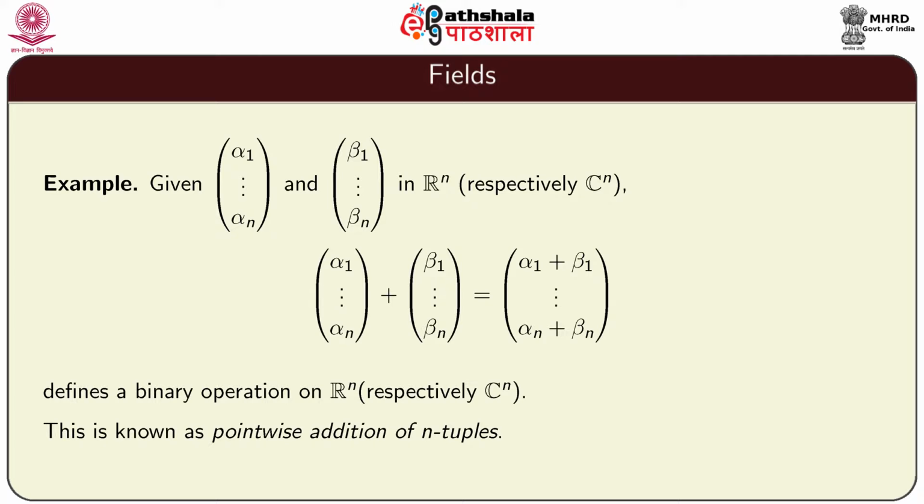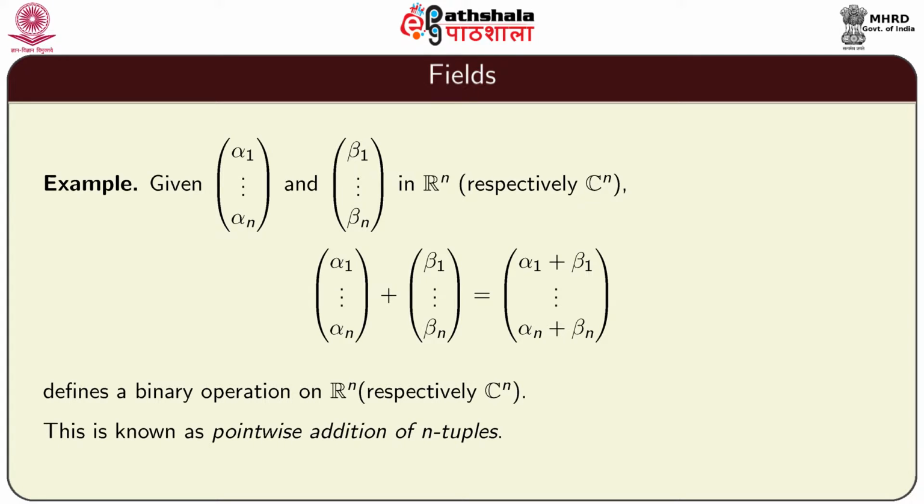Look at R^n, that means Cartesian product of R, n copies, or C^n, that is the Cartesian product of C, n copies. So, their elements typically are the n-tuples. If you remember, we will stick to this notation that elements of R^n or C^n will be written as column matrices instead of row matrices.